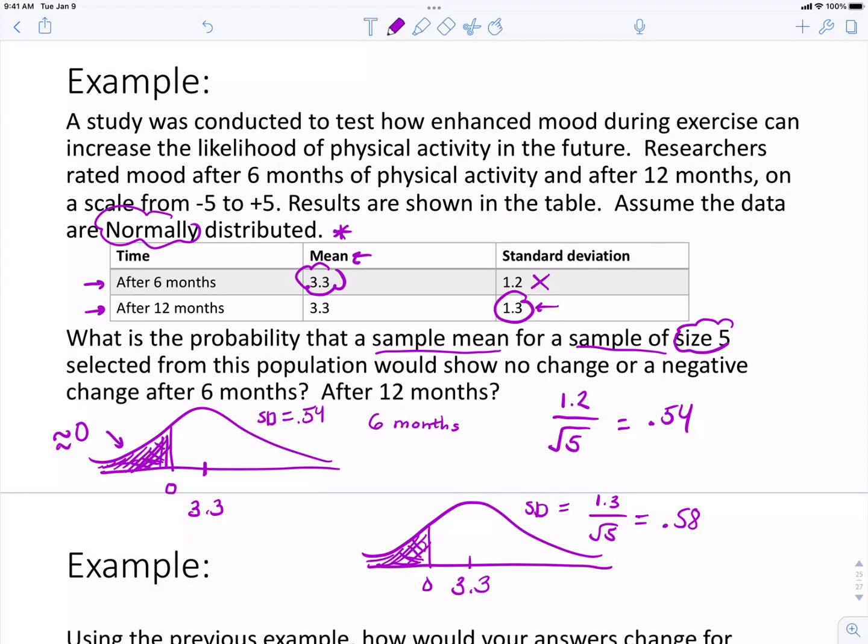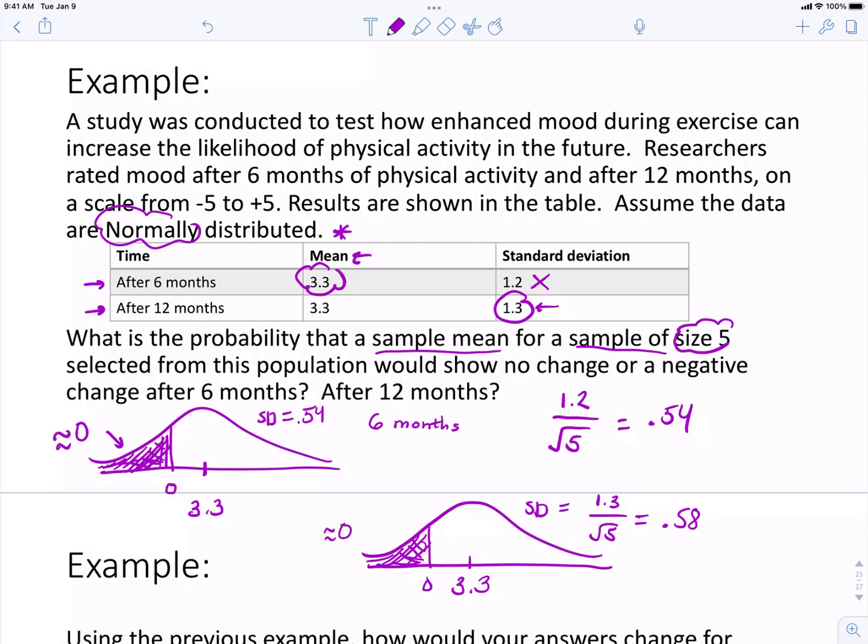And again, this would be an online calculator. So you could practice your online calculator skills by going to the online calculator that we referenced earlier and entering these values. And this one also turns out to be approximately 0.